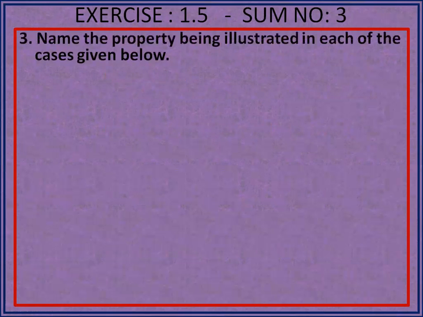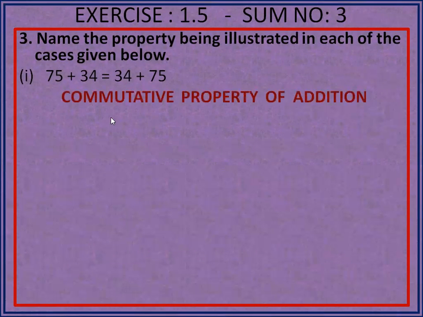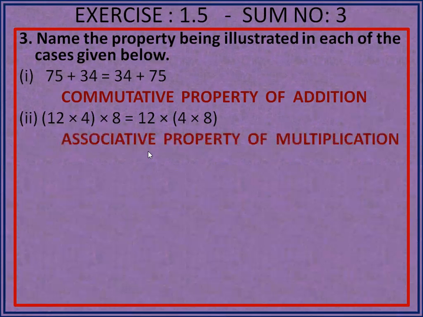Name the property being illustrated in each of the following cases. Here, one operation is involved with two numbers, so it is the commutative property of addition. Here, the multiplication operation is involved with three numbers, so it is the associative property of multiplication.